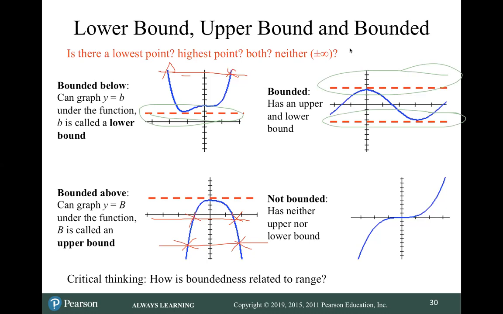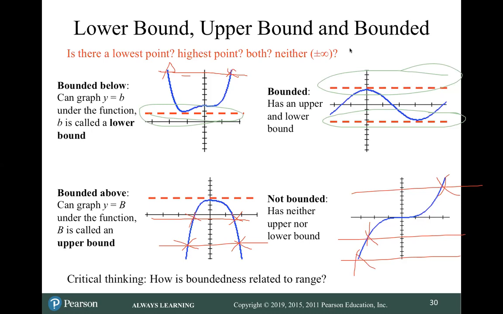If it only has one, it's not bounded. It is either bounded below or bounded above. And then we have the case where we can never put a bound. It will always go through the graph, and no matter where we put it, there will be a point above and below that point, and that is unbounded or not bounded.